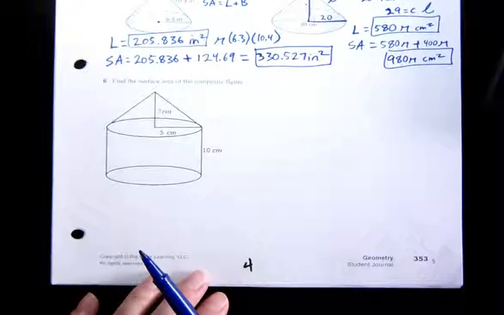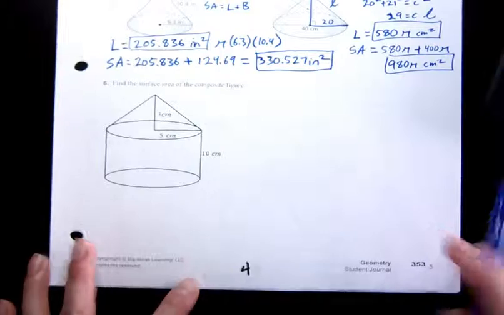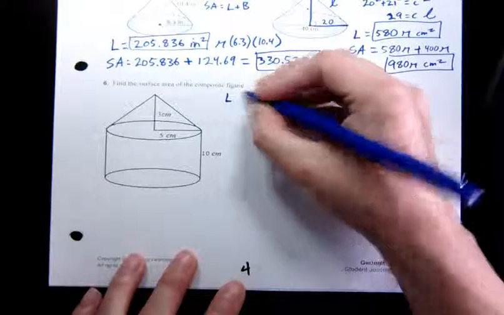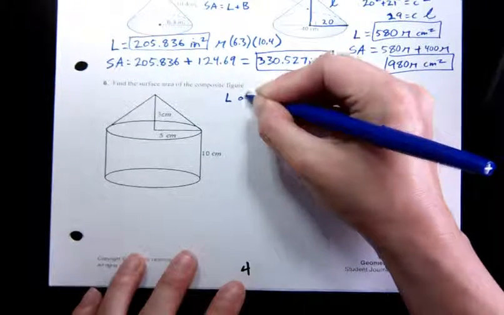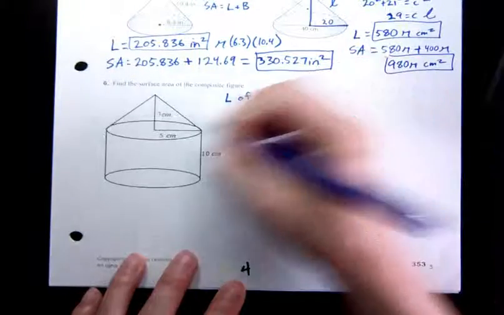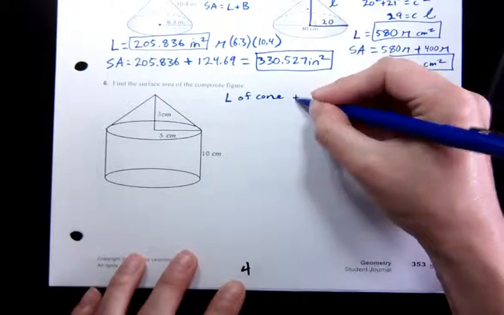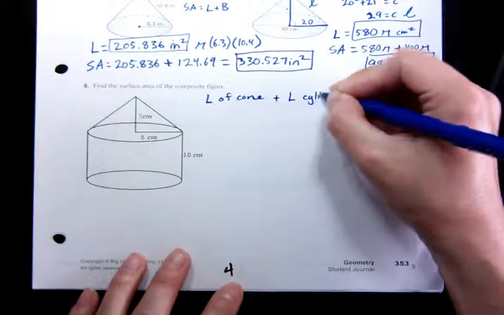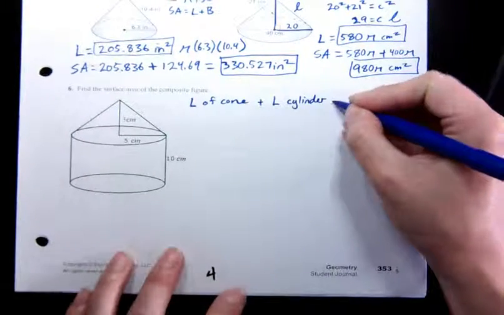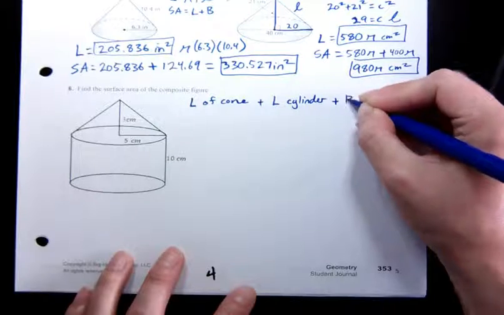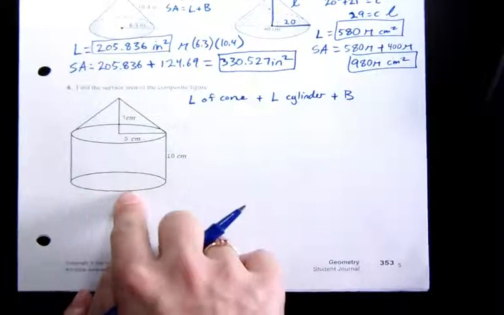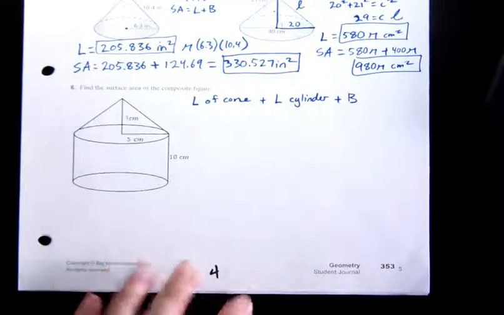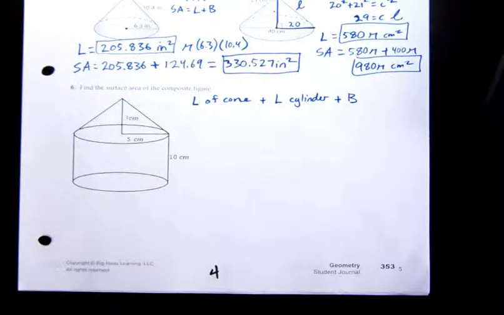So it's going to be lateral area of the cone, because we don't need the base of the cone, plus lateral area of the cylinder, plus just one base total, because we still need the base of the whole cylinder, but nothing else.